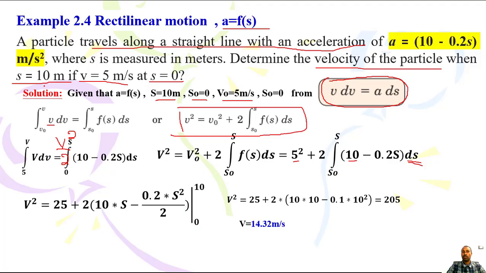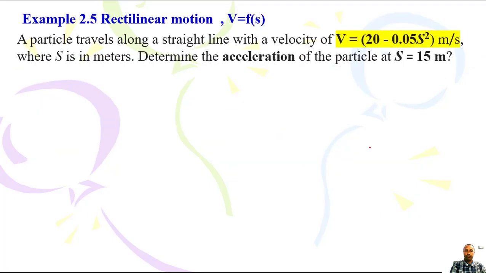When s is 10, s0 is 0. Then after integration, if you substitute, it will be like this. Then after taking the square root, you have the velocity when s is 10 meters.